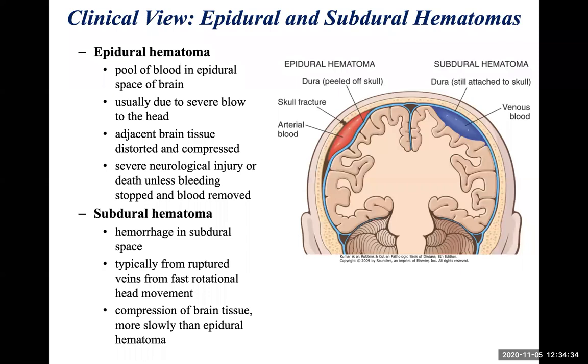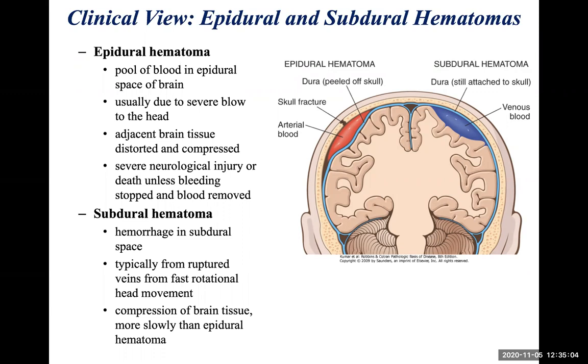They tend to be venous bleeds, and blood will accumulate in the subdural space. These are the individuals you hear about who get into a skiing accident, and then they're fine, and then all of a sudden 10 days later they have a seizure and die, or something along those lines. That's because these are slow brain bleeds.